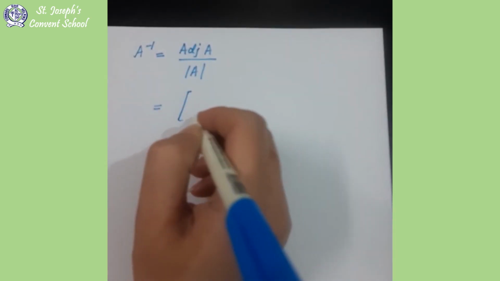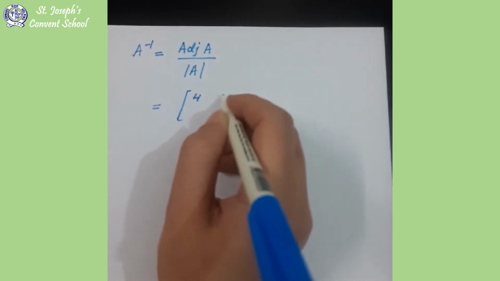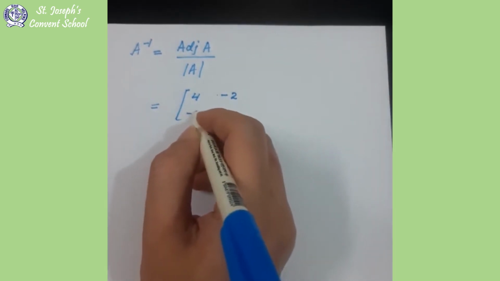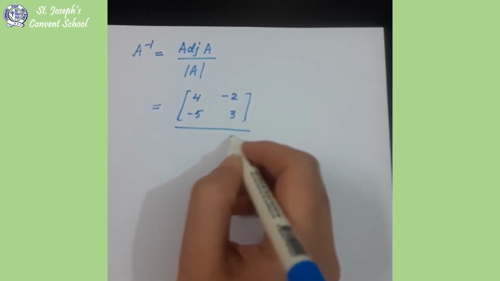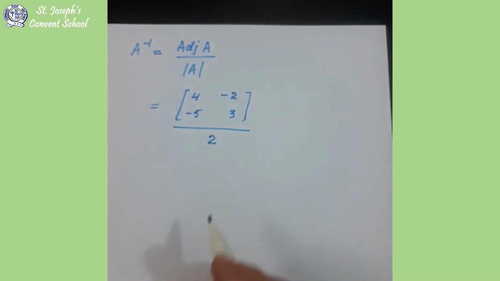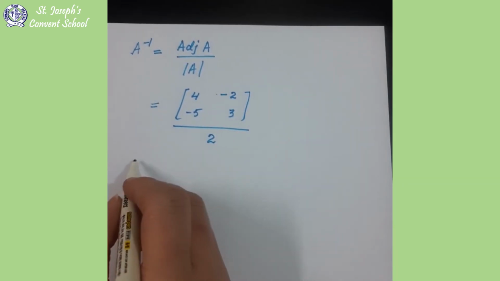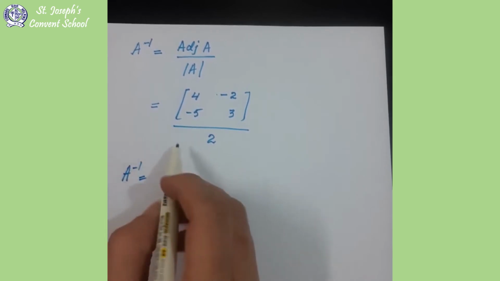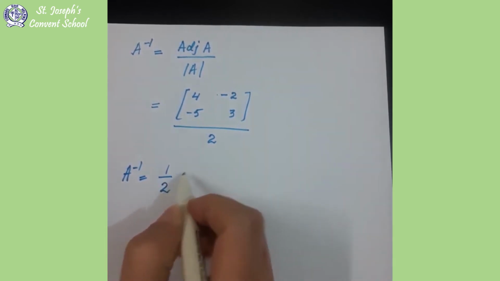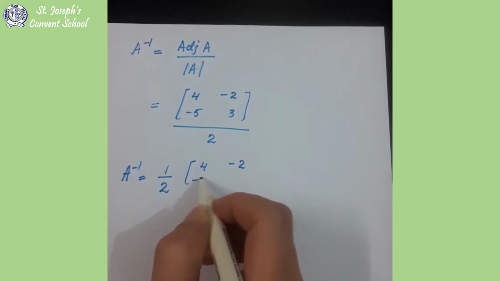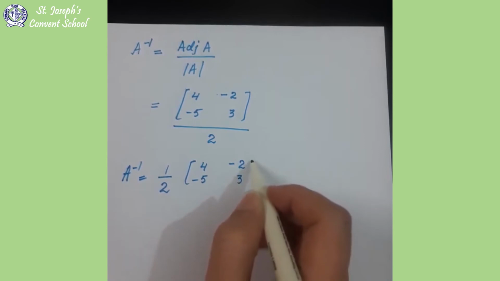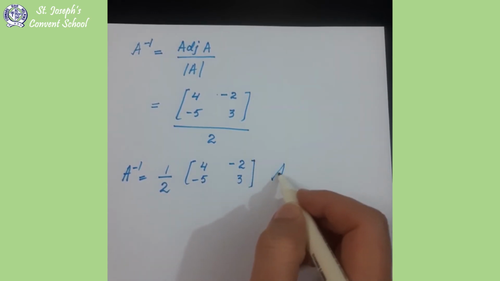Adjoint is 4, minus 2, minus 5 and 3, divided by determinant of A, which is 2. Okay, the answer of determinant A is 2. So divided by 2, or you can change it into this form. Separate this, 1 upon 2 into the adjoint matrix 4, minus 2, minus 5 and 3. So this is the answer.